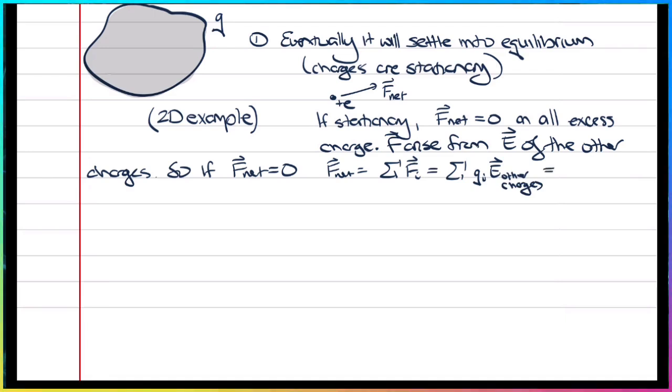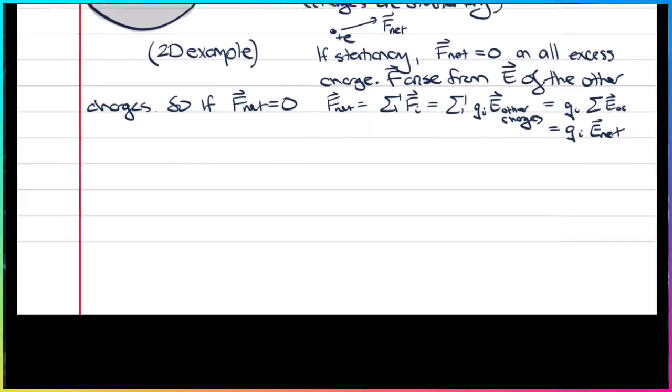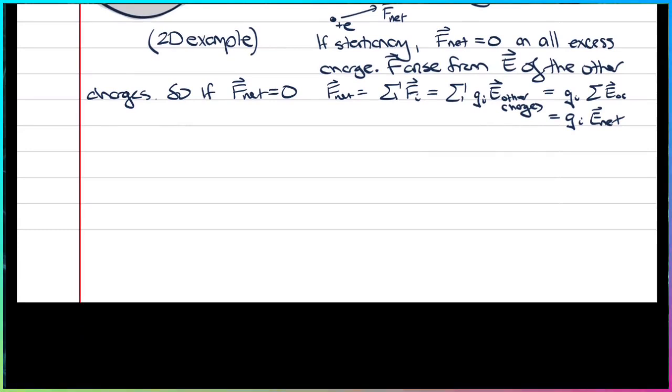That's just Q sub i times E net, the net electric field from all the other charges on the conductor.